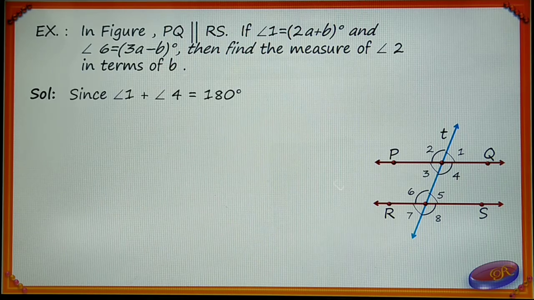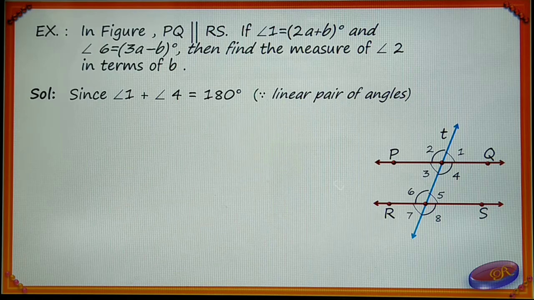Angle 1 plus angle 4 is equal to 180 degrees because they are a linear pair of angles. But angle 4 is equal to angle 6, alternate interior angles.